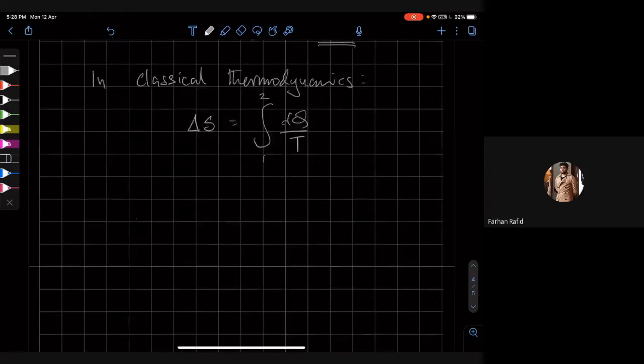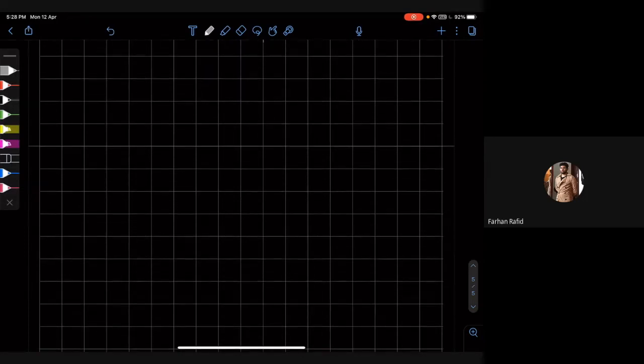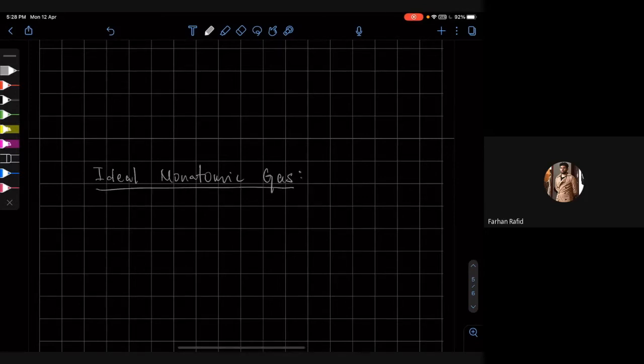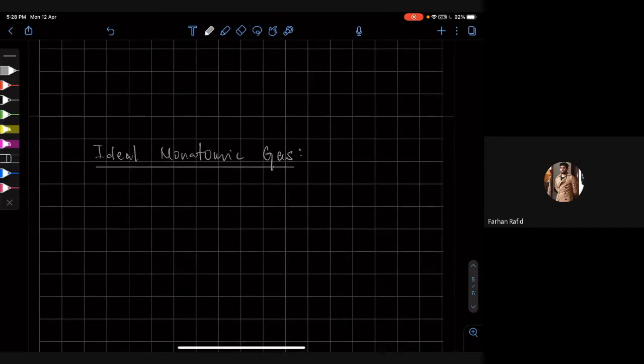So let's look at a particular example of a classical system, and that's going to be the ideal monatomic gas. What is a monatomic gas?